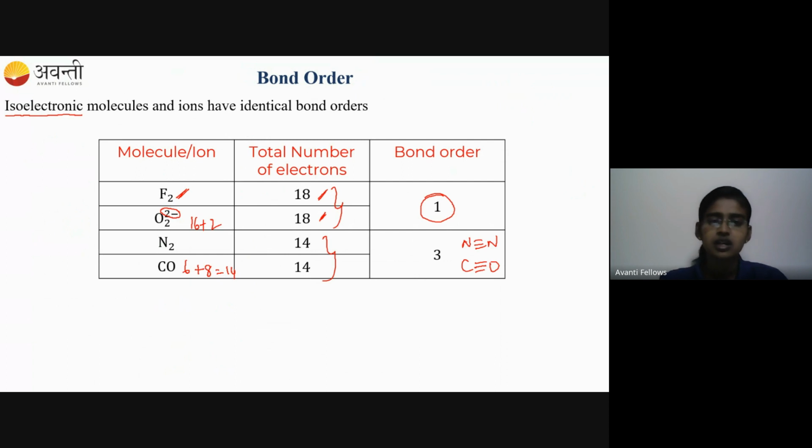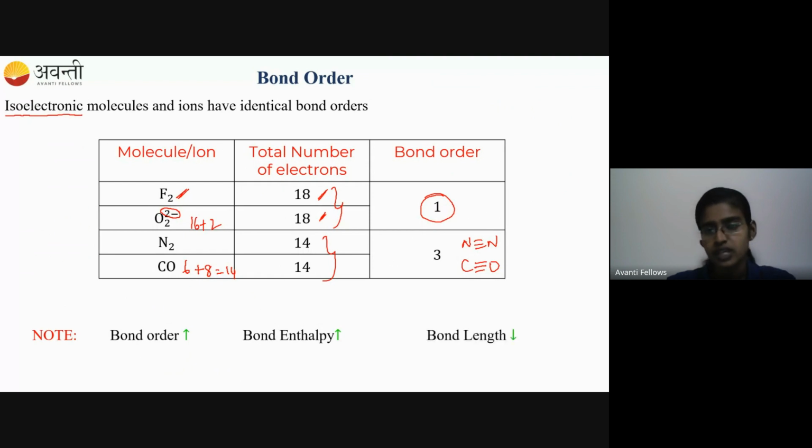Got it? Now I'll tell you the relation between bond enthalpy, bond order and bond length. When bond order is more, bond enthalpy is also more, but bond length will be very, very less. So what is the relation? Bond order is directly proportional to bond enthalpy, but both of these are inversely proportional to bond length.